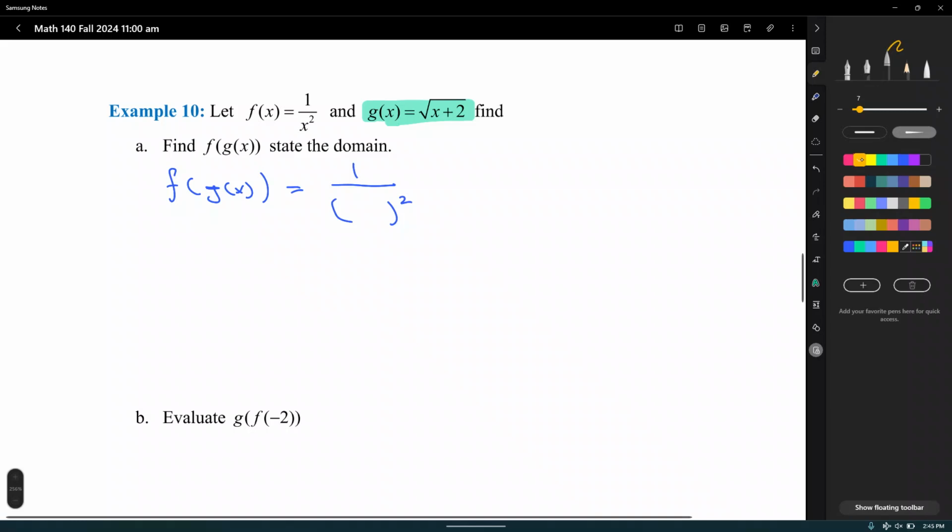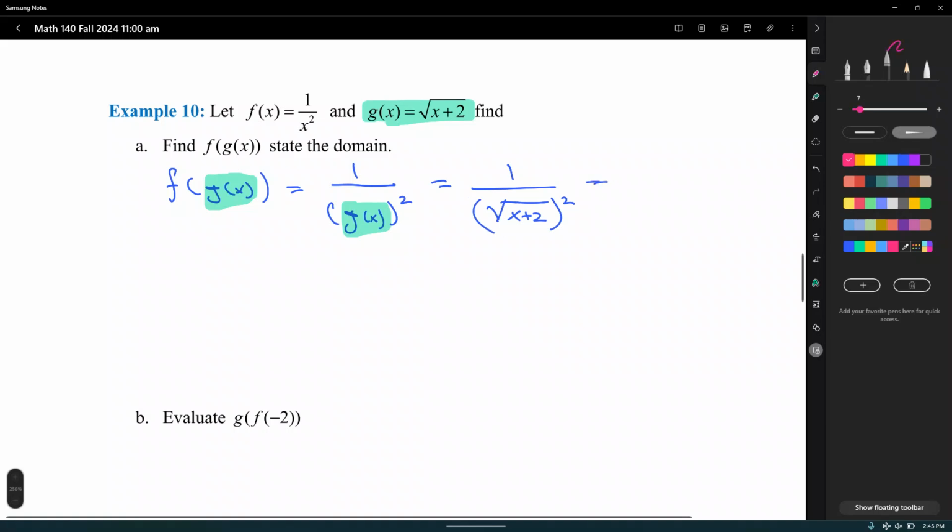All right, so let's see about this. Let's put g of x for now. So this will be 1 over the function g, which by the way should be highlighted with green, and that is the square root of x plus 2, quantity squared.